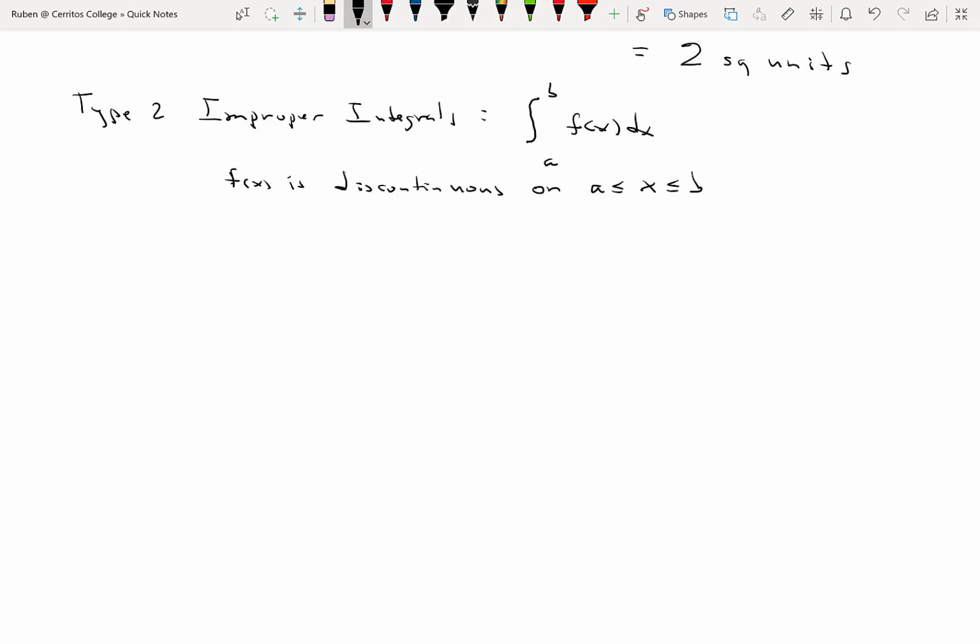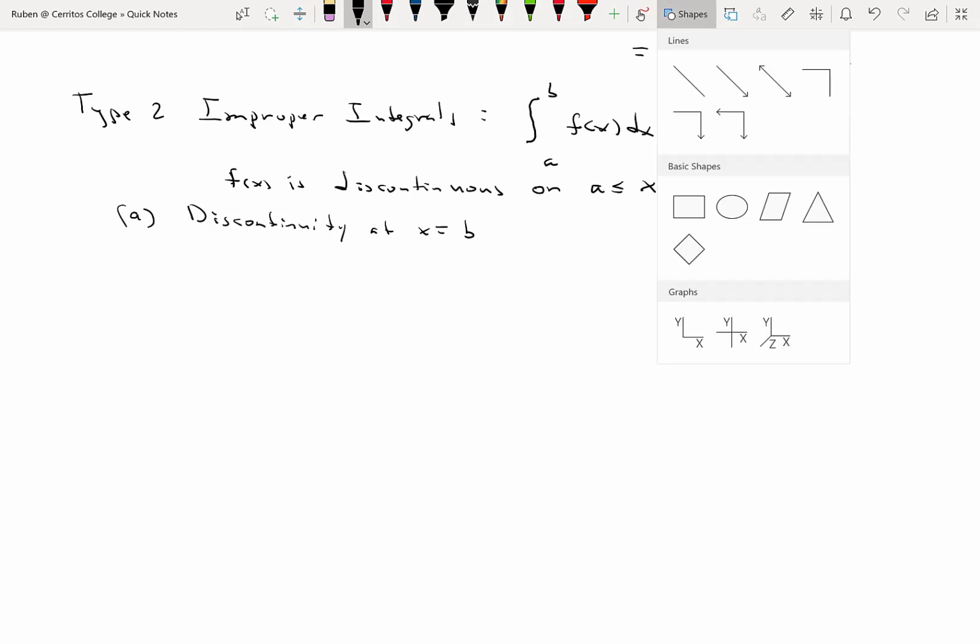And just as with type 1 improper integrals, this breaks down into 3 subcases. So let's break down these subcases as subcases A, B, and C. And the first subcase we'll call a discontinuity at x equals b.